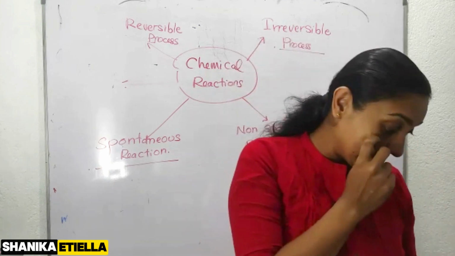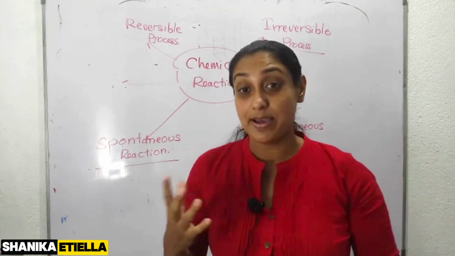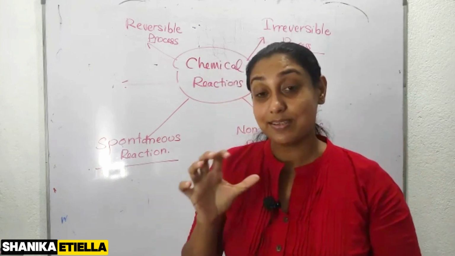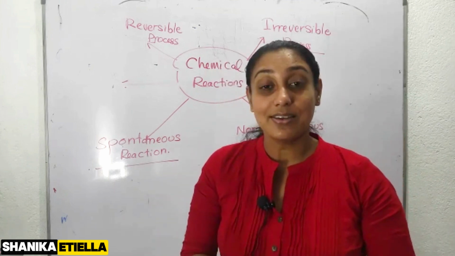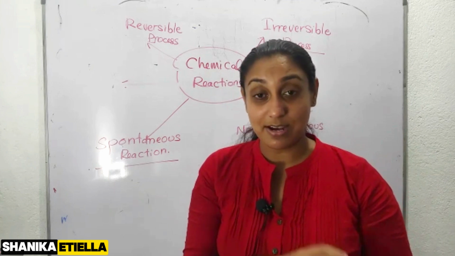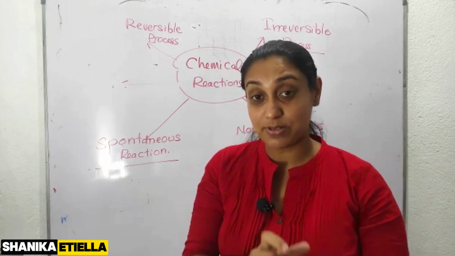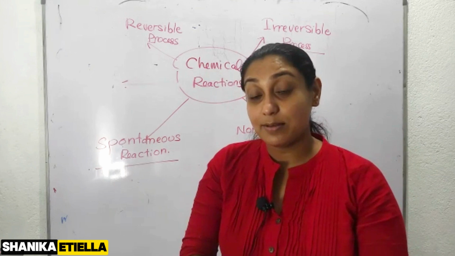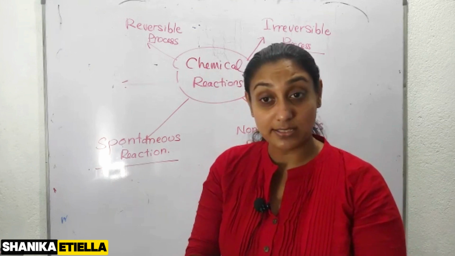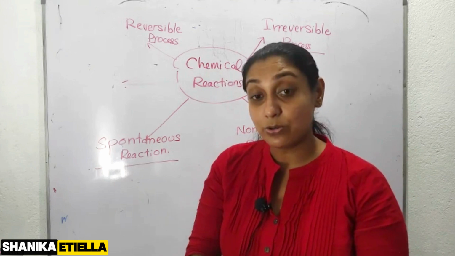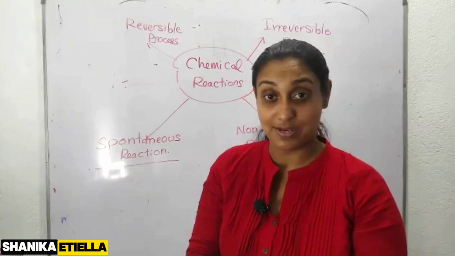We normally consider only the reactants and products. But there is something along with the reactants and products. Once a chemical reaction occurs from reactants to products, there is some energy involved; for the reaction to occur, they absorb some energy.